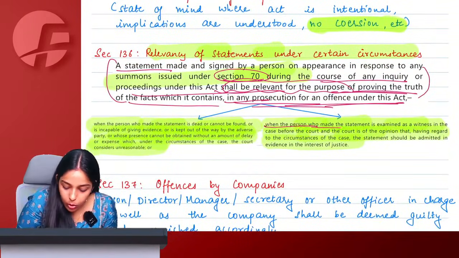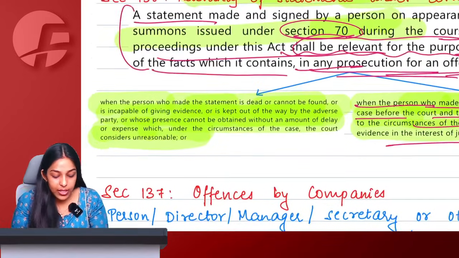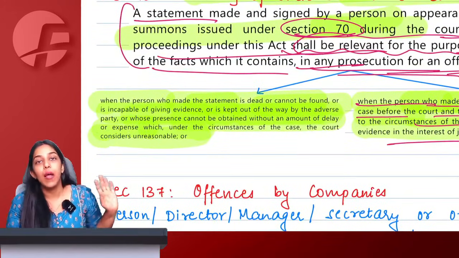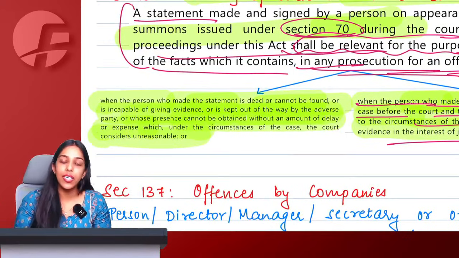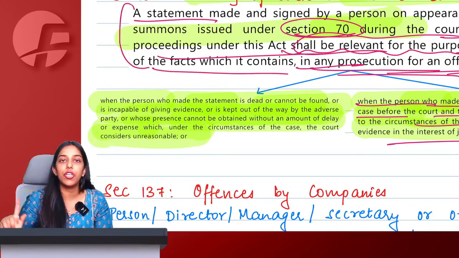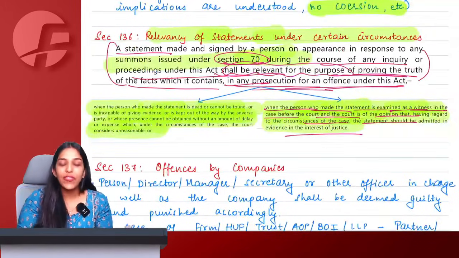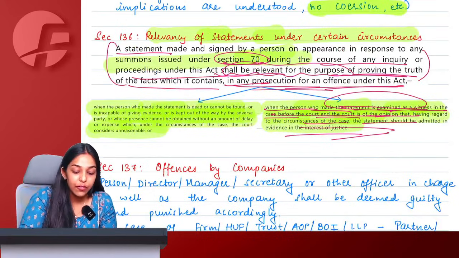So when the person who made the statement is examined as a witness in the case, then it will always be admitted. Even if that person has died, if before death he said something when he was summoned under section 70, then also we are going to assume that whatever he said at that point of time was true. If we can call and examine him as a witness again, we will do so.